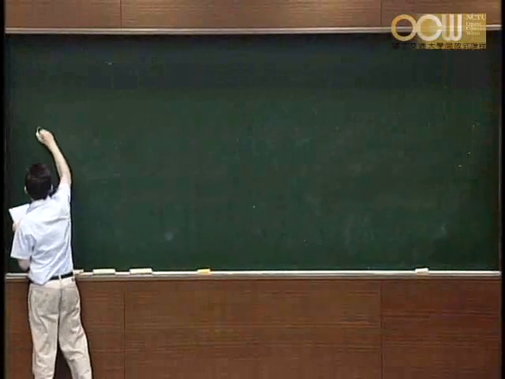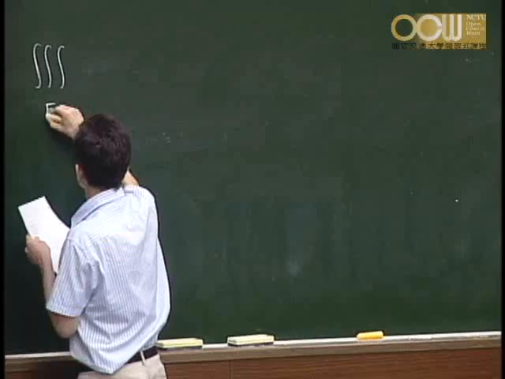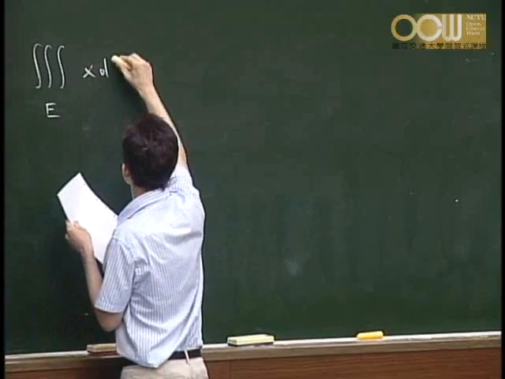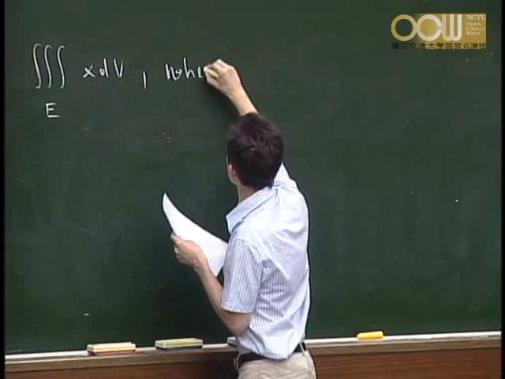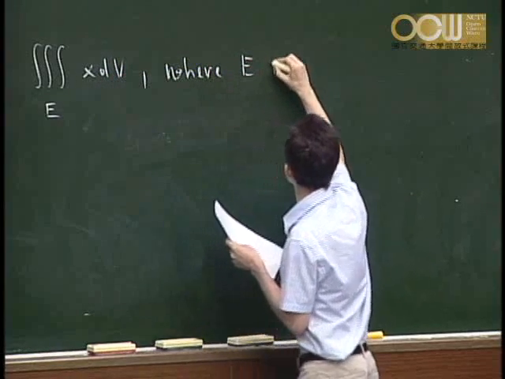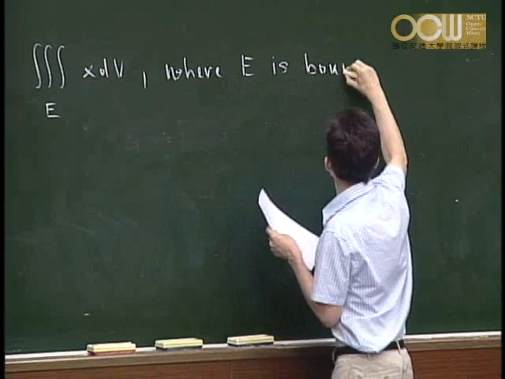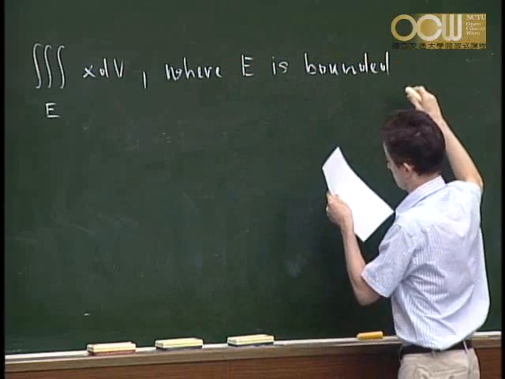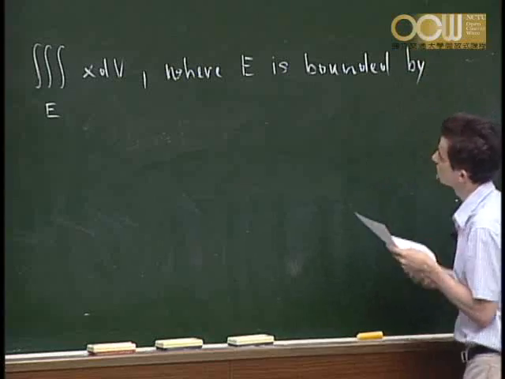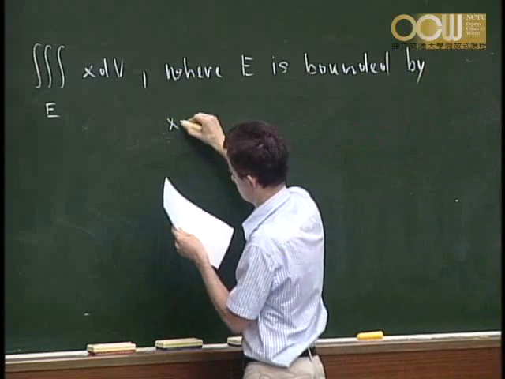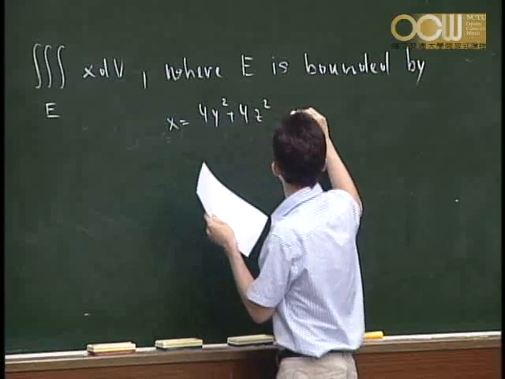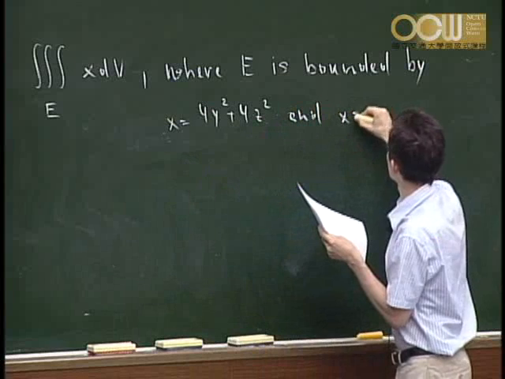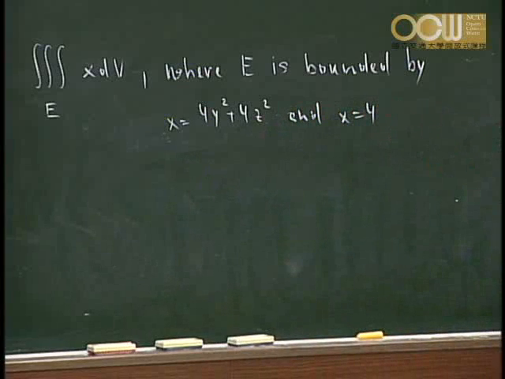Okay, so for instance, this one. Compute this triple integral over E of x dV, where E is bounded by x equals 4y squared plus 4z squared, and x equals 4. The most important thing is setting up the integral.